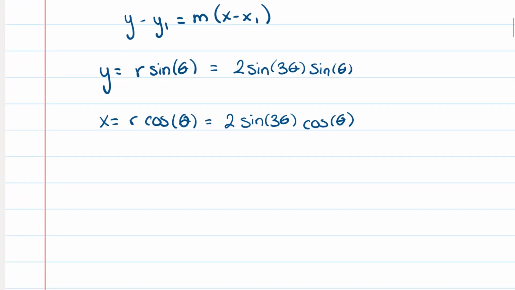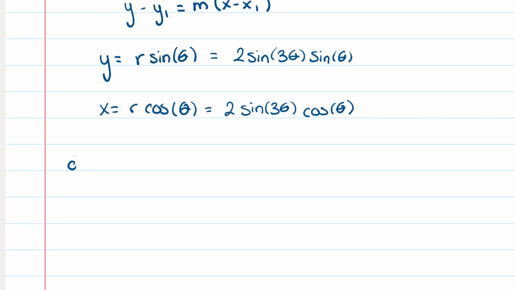So now we just need to find the slope. dy/dx is equal to dy/d theta divided by dx/d theta. What I want to do is take the derivative of y with respect to theta, and then take the derivative of x with respect to theta. So I'm just going to take one extra step to write that out.